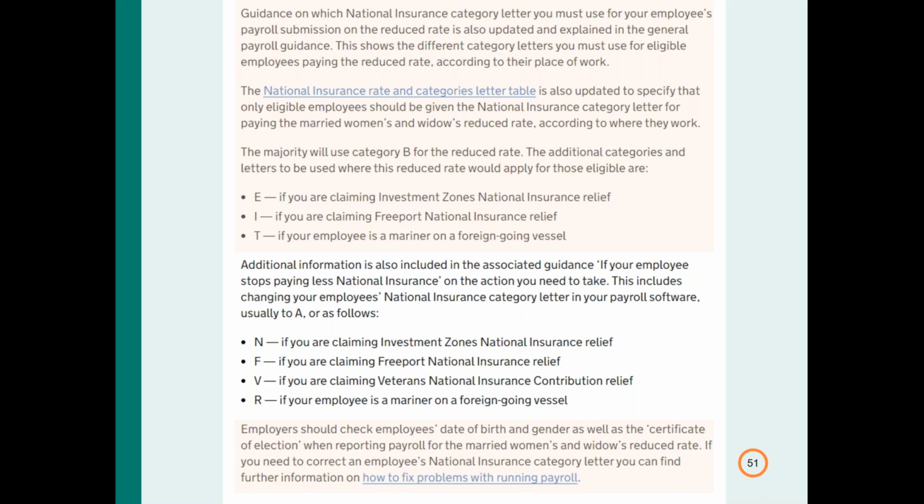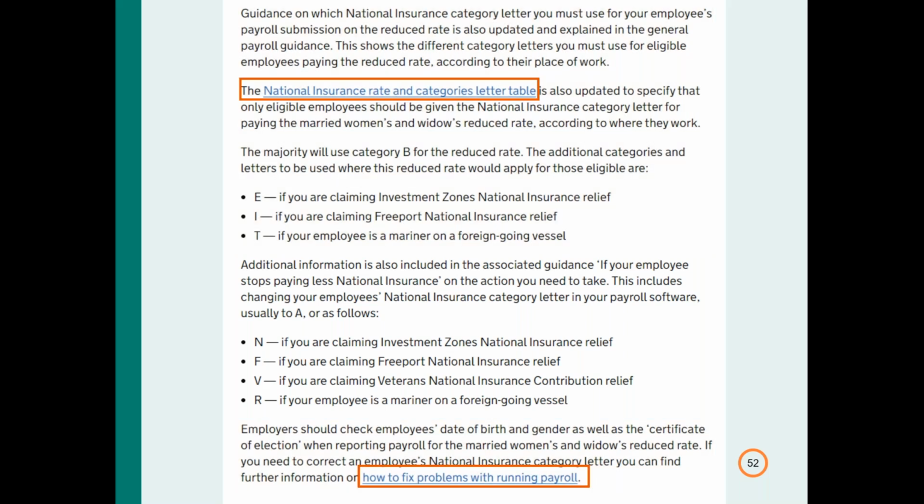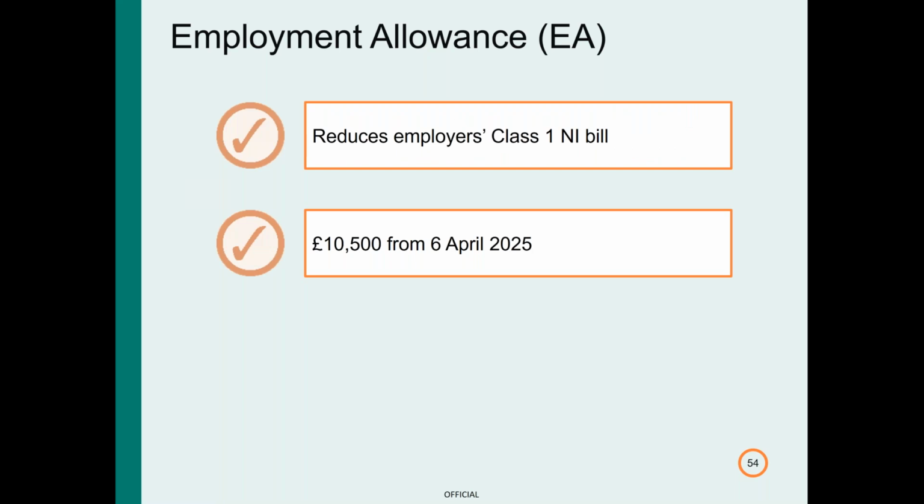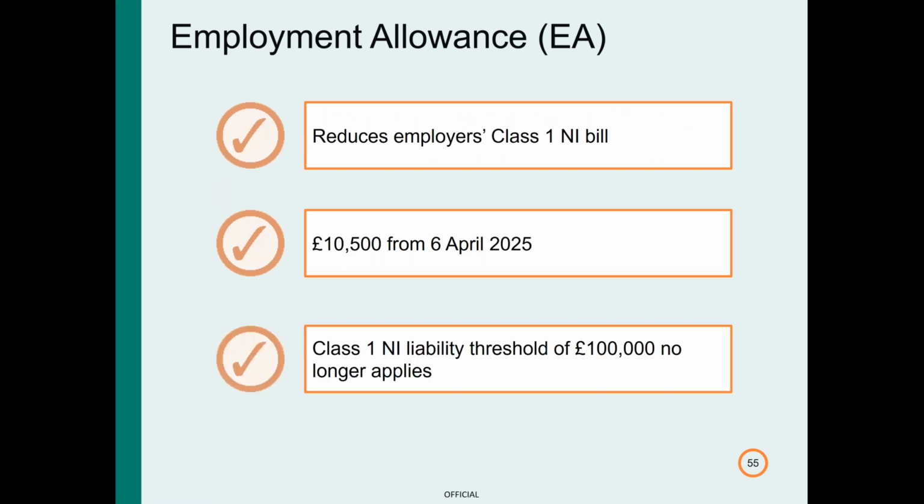Eligible businesses can reduce their employer Class 1 NI bill every year by claiming Employment Allowance, EA. From April 2025, the amount you can claim increases from £5,000 to £10,500. From April 2025, EA will no longer be limited to employers whose secondary Class 1 national insurance liabilities were less than £100,000 in the previous tax year.